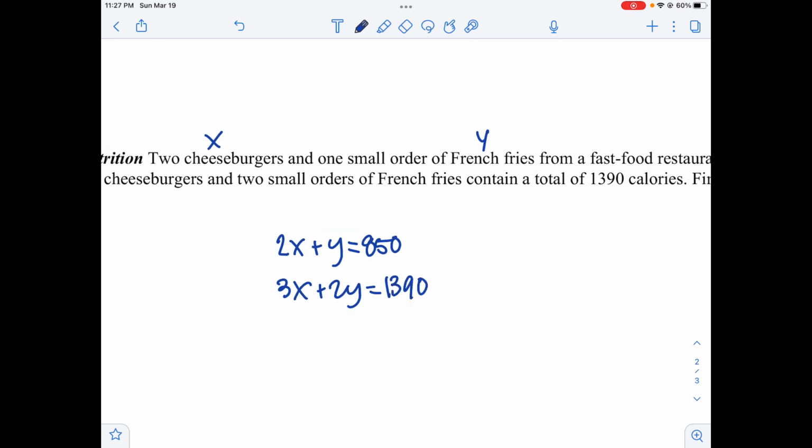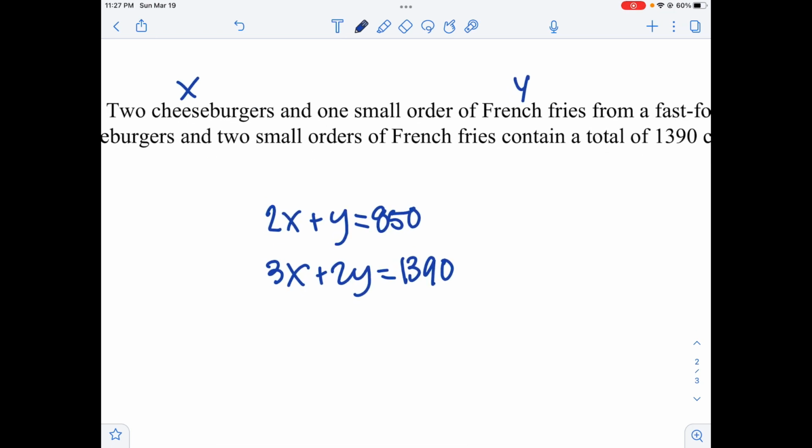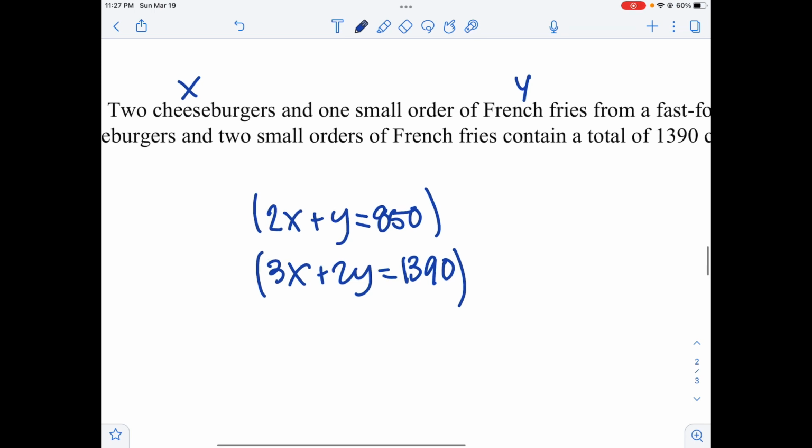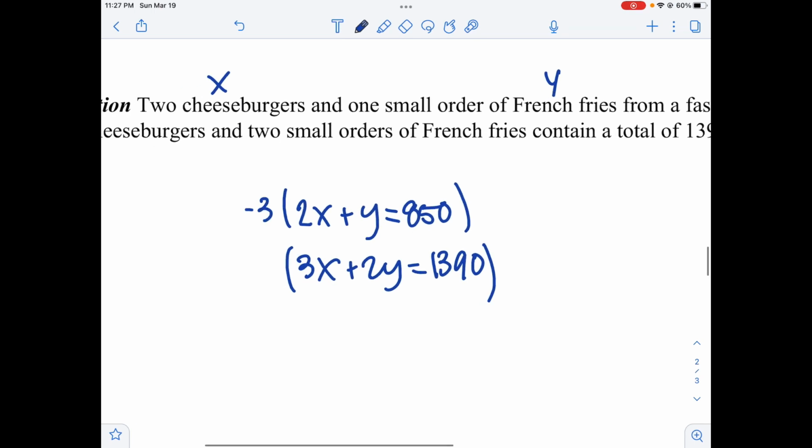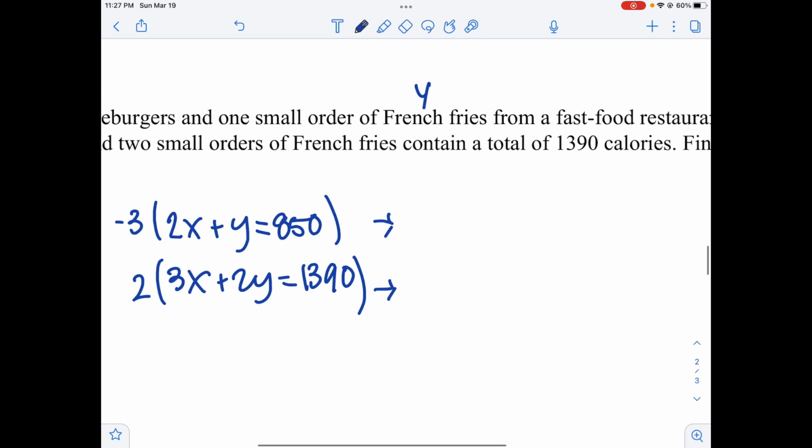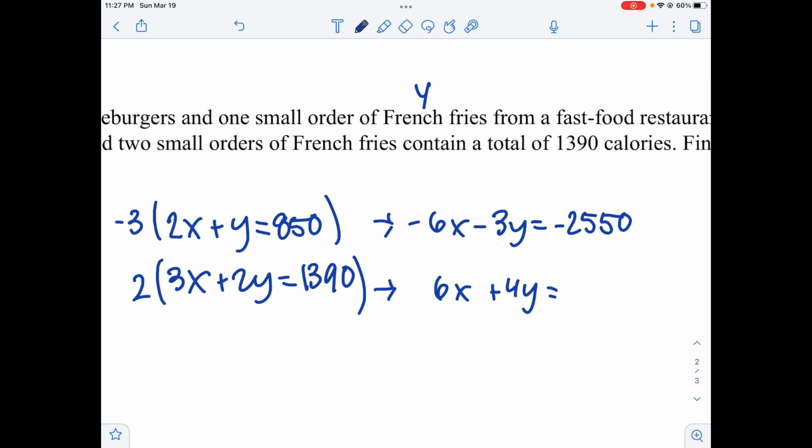Since we have 2 equations with the same variables, we're going to eliminate by multiplying the first by -3 and the second by 2. Our new equations are -6x minus 3y is equal to -2,550, and for the second equation, 6x plus 4y is equal to 2,780.